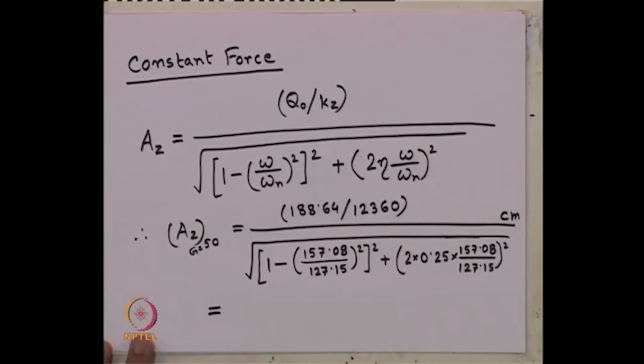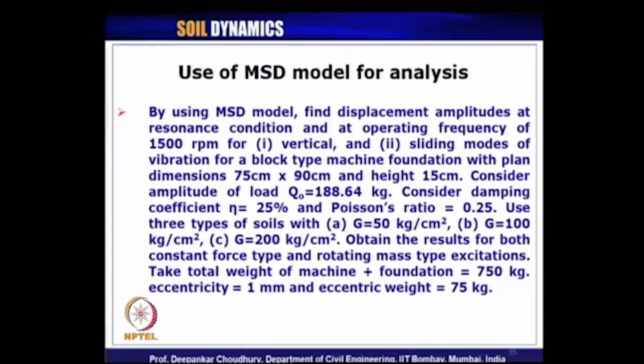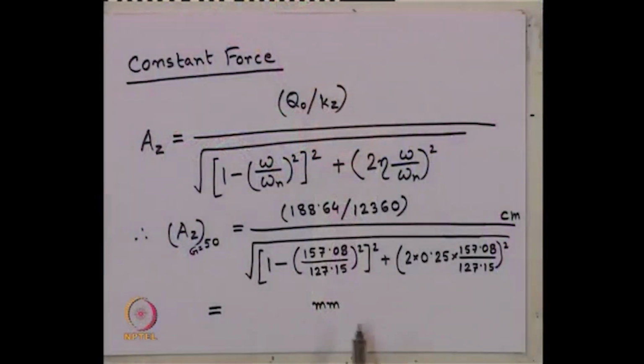So, let us calculate this and find it in millimeter, because finally we have to check against millimeter. And remember, this displacement we are obtaining is at operating frequency. Two cases we need to check, one at operating frequency, another at resonance frequency. In this case we are calculating it at operating frequency.